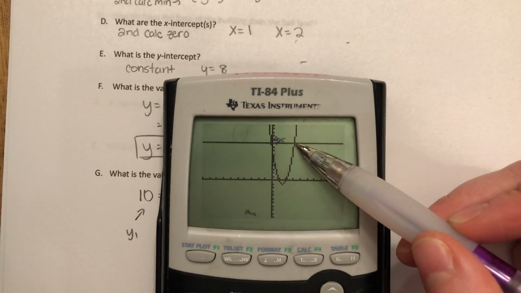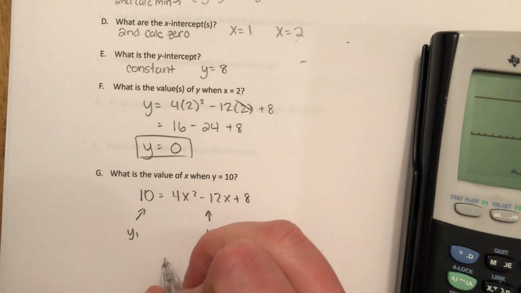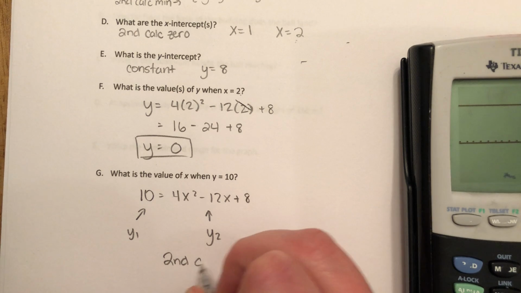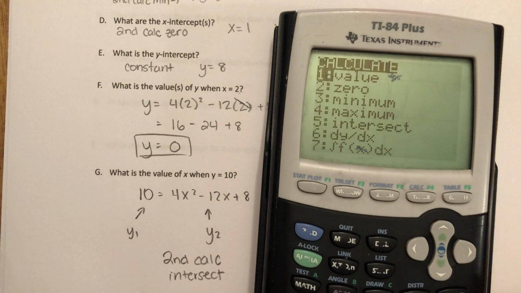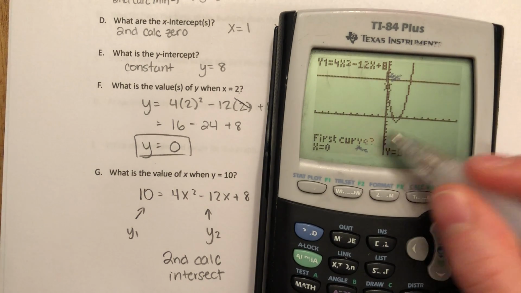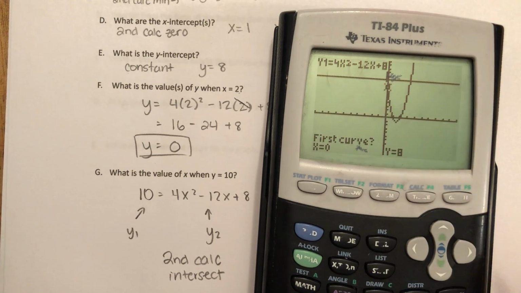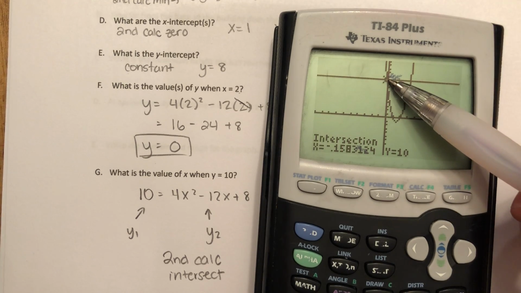Okay, so I can see that there's 2 intercepts there, and to find those I'm doing second calc intersect. It's going to ask for my first curve, so it's on the parabola there. Second curve is y equals 10. The guess just needs to be closer to whichever one you're talking about.